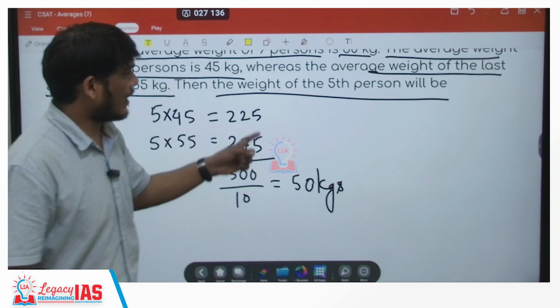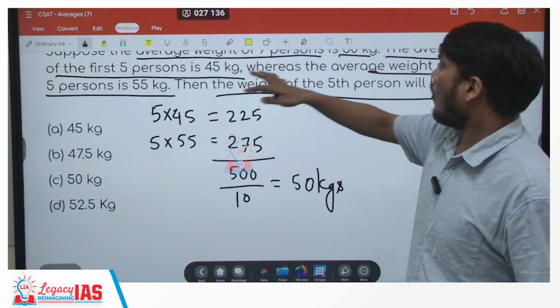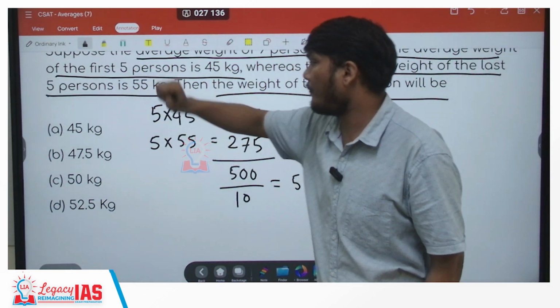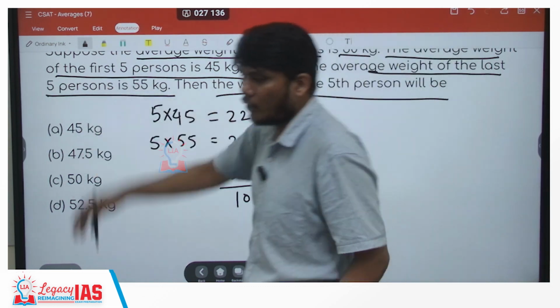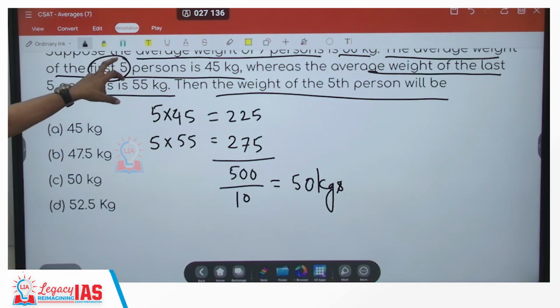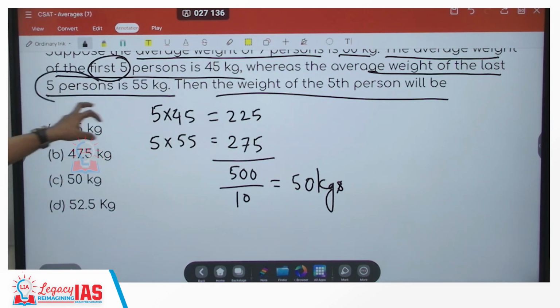When we are taking the 5th person with the first 4 persons, or the 5th person with the last 4 persons: this 5th person is getting added to the first 4, so it becomes first 5. The 5th person is getting added to the last 4, so it becomes last 5.